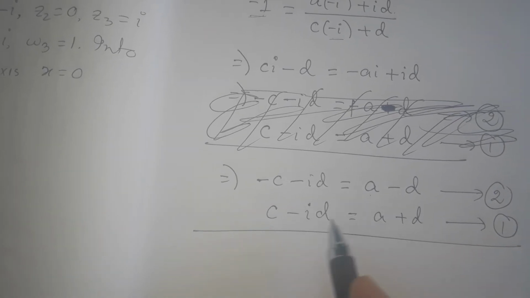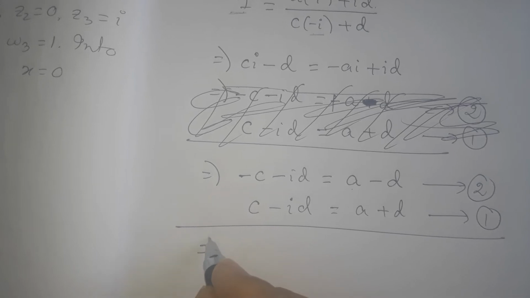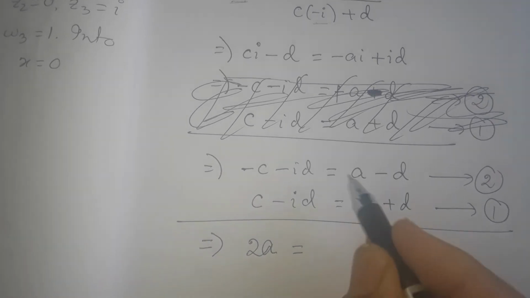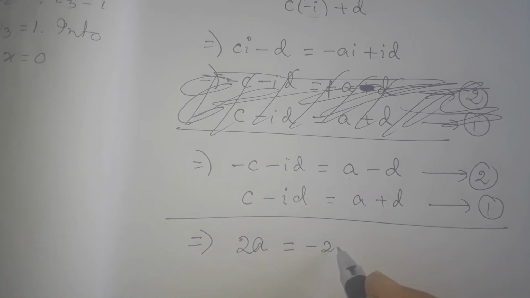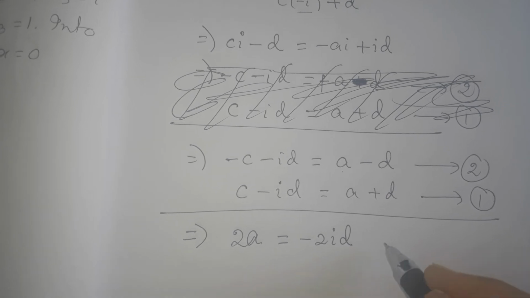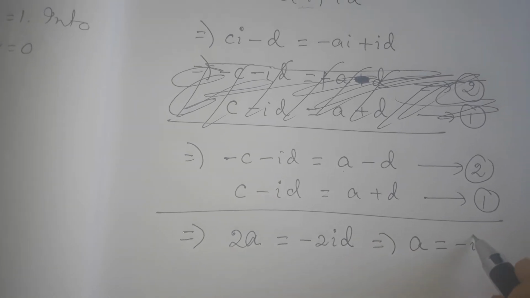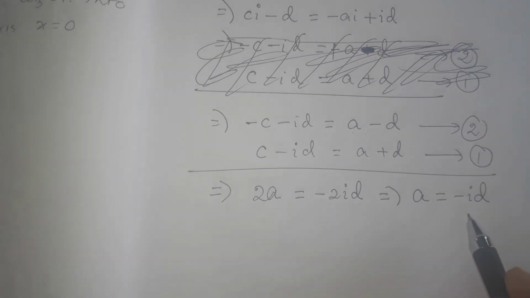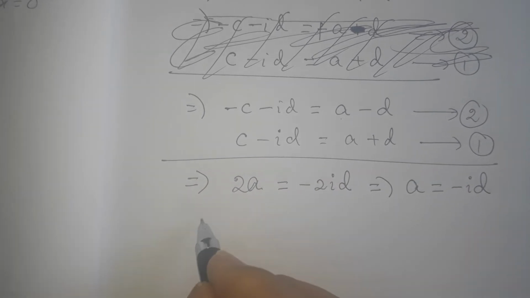From here, if I add, then twice a cancels out and it is minus twice id, so that implies a equal to minus id. And what is c?